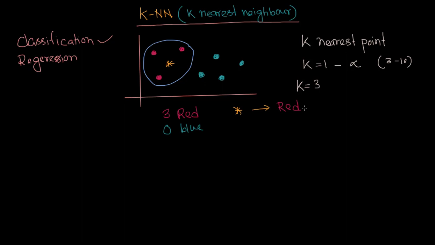So this is how logically this algorithm works. If you remember the previous algorithms we discussed for classification and regression, such as logistic regression and linear regression, all of these have a certain kind of pre-assumption about the data.